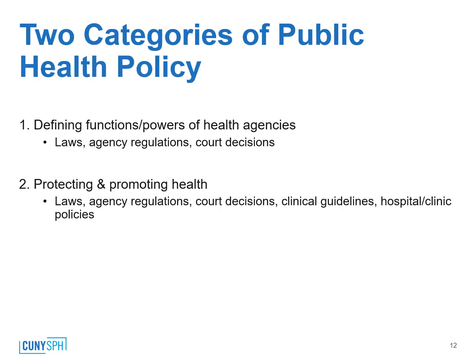We can group public health policies into two categories: those that define functions and powers of agencies, and those that directly protect or promote health. So you can see that laws, agency regulations, and court decisions aim to address both of these groups, while clinical guidelines, hospital or clinic policies would aim to promote or protect health and don't themselves define functions or powers of health agencies.